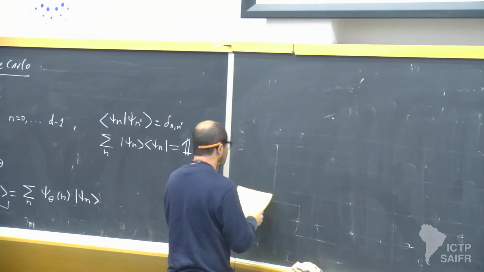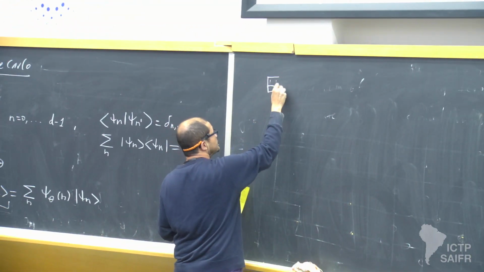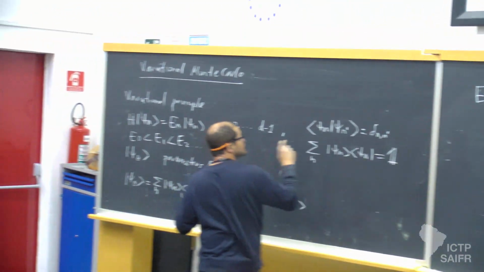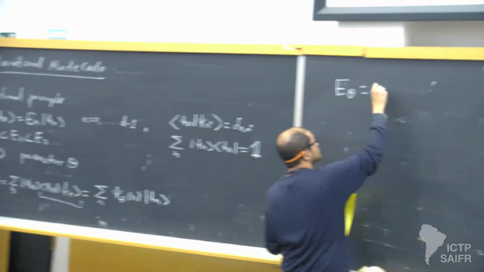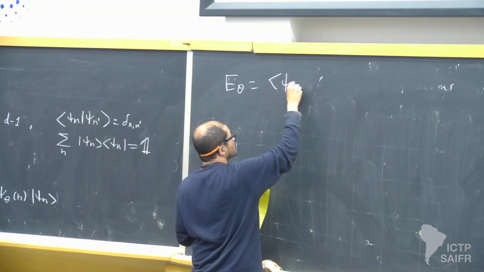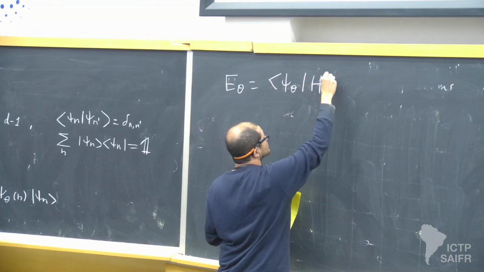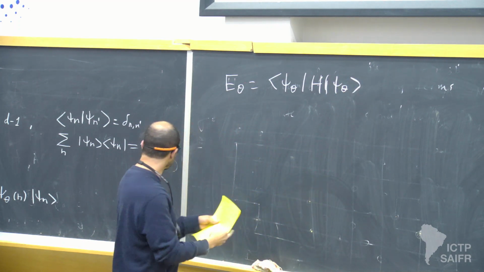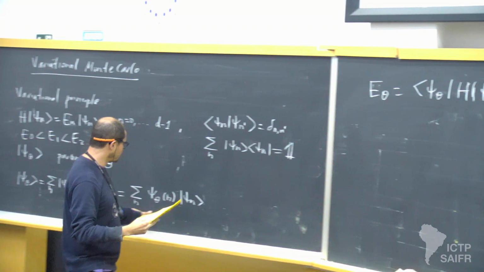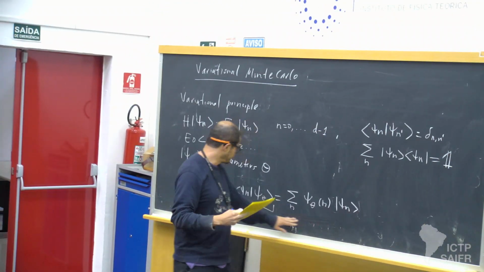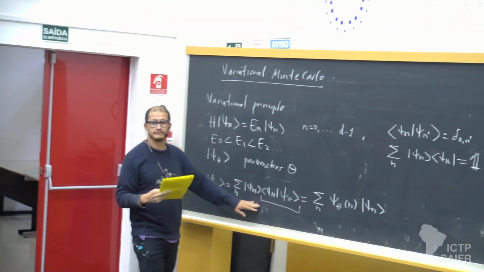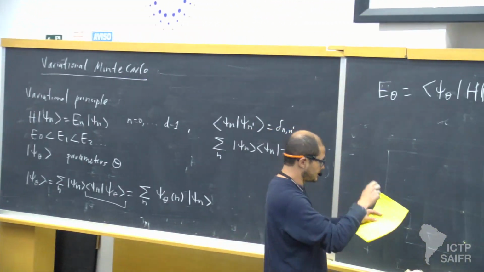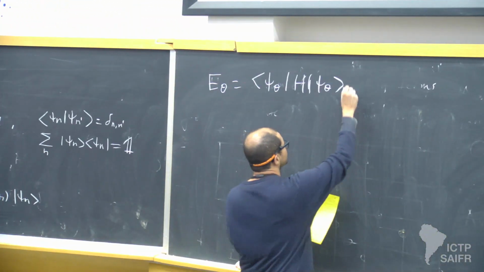We're going to call this E of theta. It's not the ground state energy; this is the ground state, and this is E of theta. So this is equal to the expectation of H. What is it? We plug in this object, the expansion in the eigenbasis. And so what do we get? I'll let you do it, but you get the following.